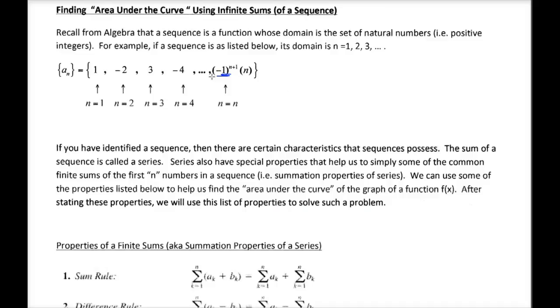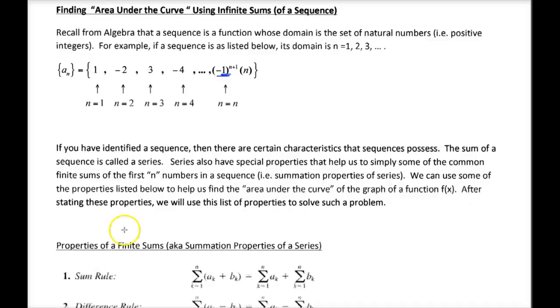My point here is if you have identified a sequence, then there are certain characteristics that sequences possess. The sum of a sequence is called a series. That's why it said sequences and series.